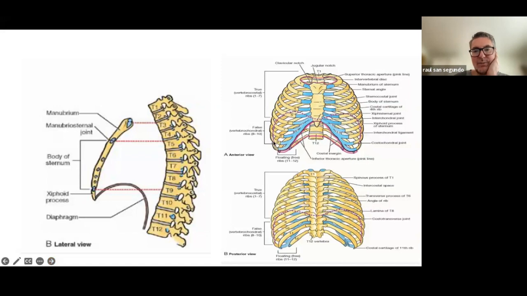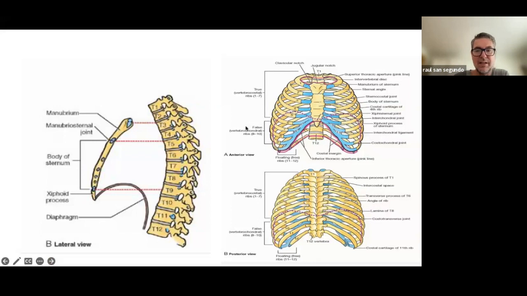Okay, so here's the simple anatomy. You've got the right dome here that gets to the fourth rib, and the left dome that gets to the level of the fifth rib.